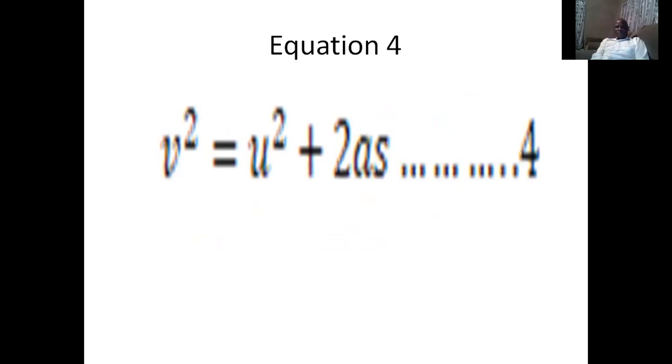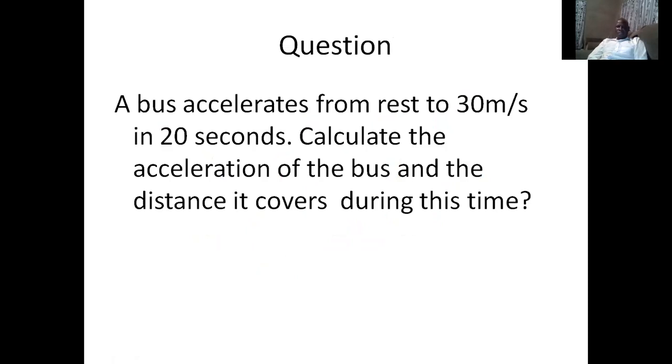I thought this is very important for us to understand as we are going to apply these equations to solve questions. We have one question here that we can solve using one of these equations. A bus accelerates from rest to 30 meters per second.